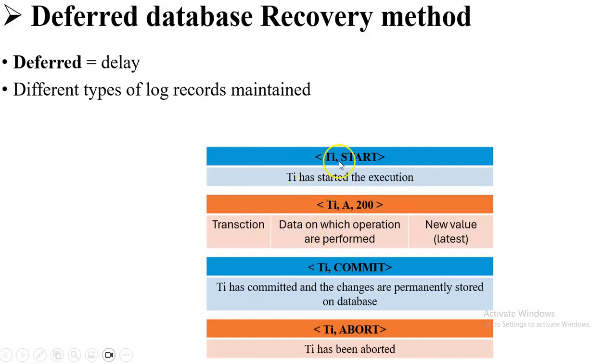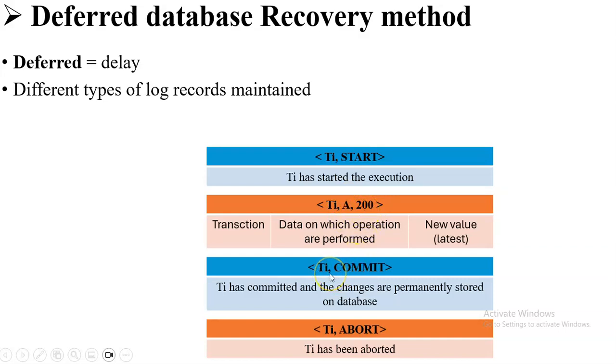Whenever a log is there, it can be maintained in some of these ways. Ti, start, which means that this particular transaction has started its execution. The second one is Ti, A, 200, which means that transaction Ti is performing some operation on data A and its latest or new value is 200.